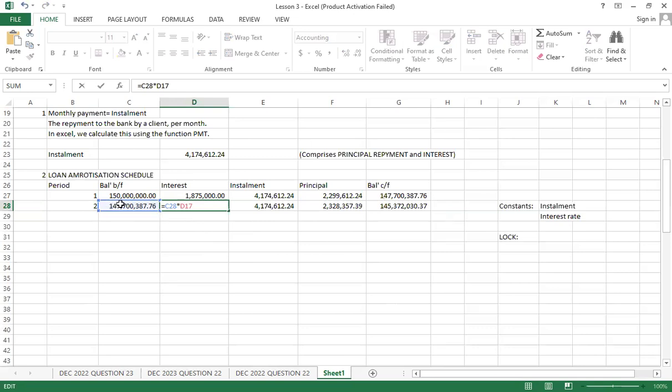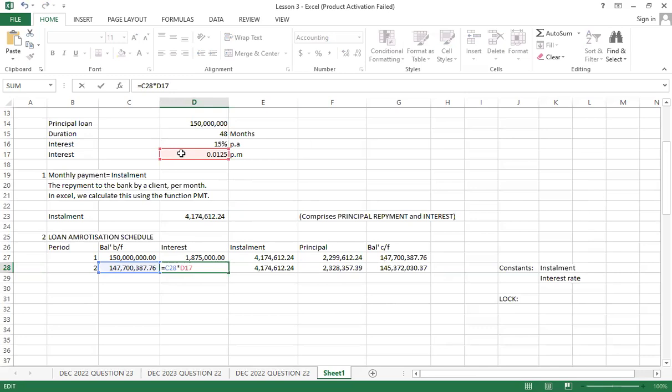It is this opening balance cell times the interest rate cell. Leave alone this first cell. Don't lock this. Lock the interest rate, which is this 0.0125. And to lock that, what I've done is to put the dollar sign before my letter D, and then after my letter D. Then I've entered that figure.